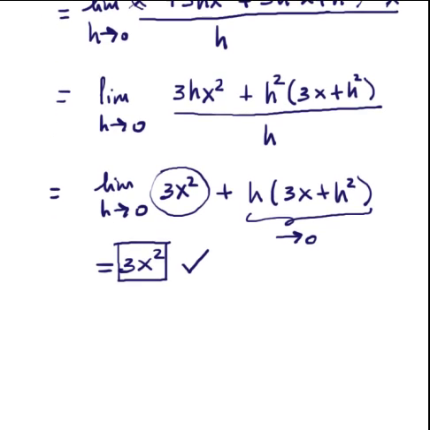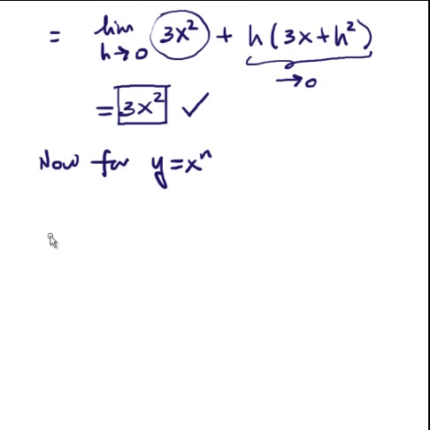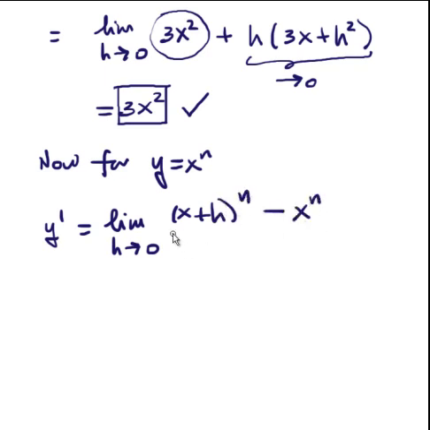All right, now for y equal x to the n. We have y prime is equal to the limit as h goes to 0 of x plus h to the n minus x to the n, just using the limit definition, over h.